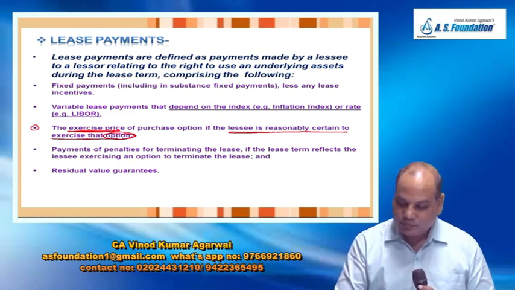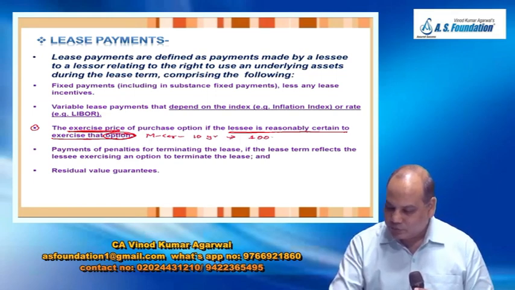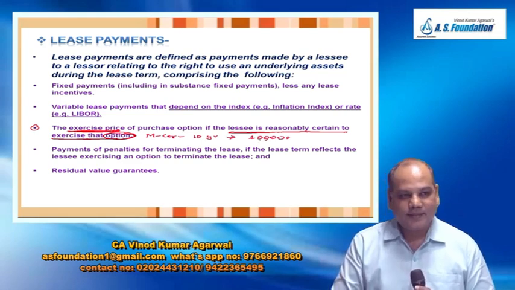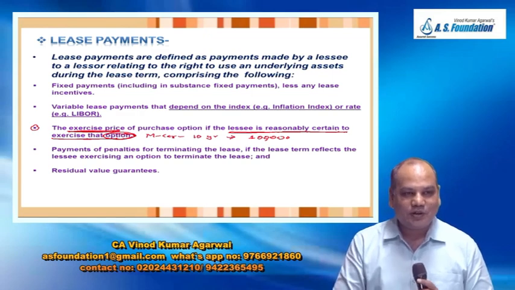What is attractive? Suppose a Mercedes car is given on a 10-year lease, and after 10 years you can purchase it for 1 lakh rupees. So will this option be exercised? The exercise price counts if the lessee is reasonably certain to exercise that option.